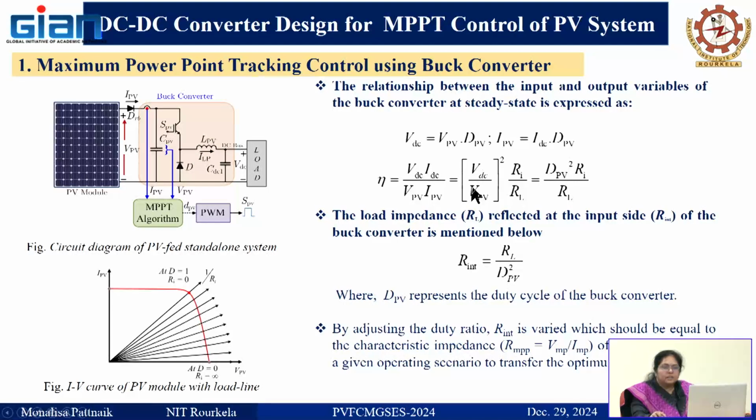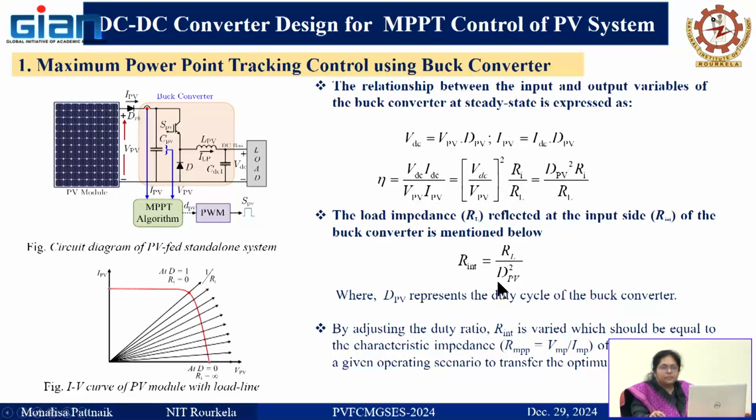For this buck converter, we know the relationship that the output voltage is equal to the duty ratio times the input voltage. From that, for a lossless system, the internal resistance in terms of the load resistance is RL divided by D squared.